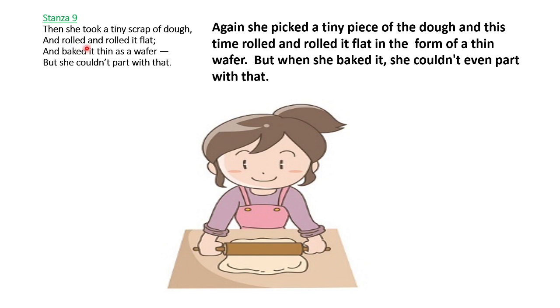Now again, the little device of repetition has been used here to emphasize that the lady rolled and rolled till it was very flat and thin in the form of a thin wafer. But when she baked it, she couldn't even part with that. So when that cake was ready, she even could not give that cake to Saint Peter.